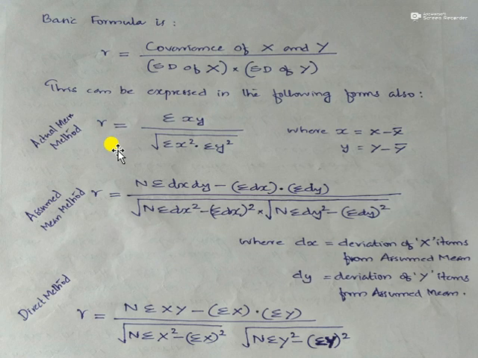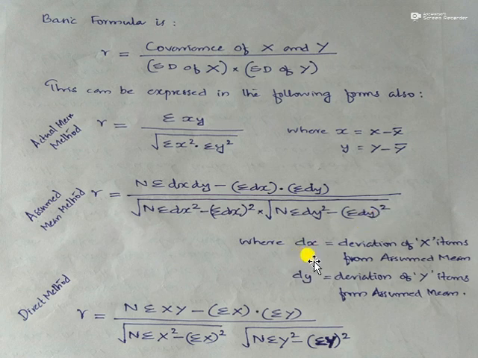And the other method is assumed mean method. If we take deviations of items from assumed mean instead of actual mean, then the formula for computing r will be n sigma dx dy minus sigma dx into sigma dy, whole divided by square root of n sigma dx square minus sigma dx whole square, into square root of n sigma dy square minus sigma dy whole square.